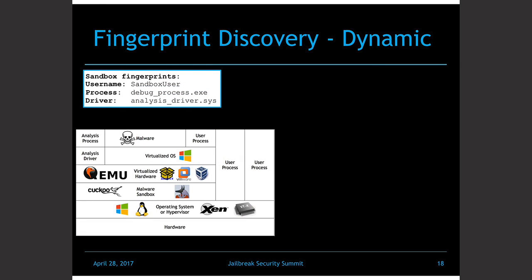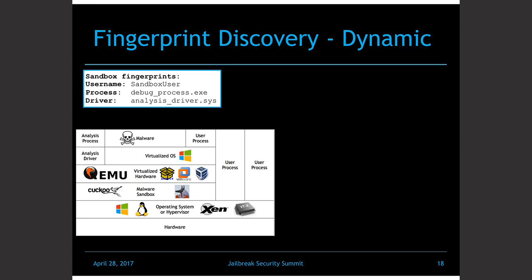There's also dynamic fingerprint discovery. So for example, if your sandbox is not built on technologies that are freely available or that I don't know about, what I might do is write a piece of malware, upload it to VirusTotal, and then if you're a big antivirus company, you're going to be scraping VirusTotal, pulling down all the new malware, and running it through your sandbox system. And let's say these are 3 fingerprints of your sandbox system: sandbox user, debug process, analysis driver.